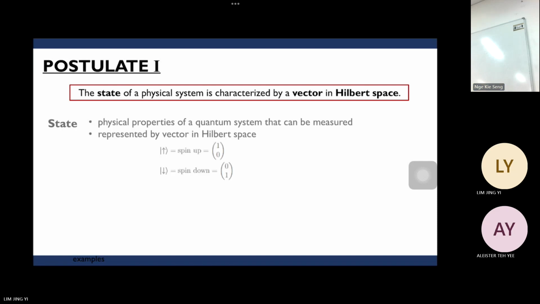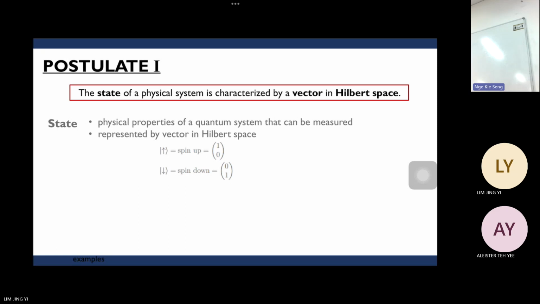Okay, so here we move to postulate one. Why do we need the postulates of quantum mechanics? The postulates help us describe better how measurement in quantum mechanics can be described with the mathematics that we have learned.